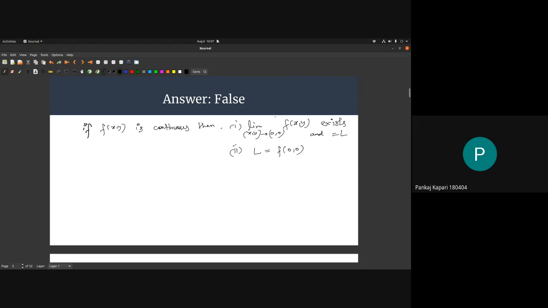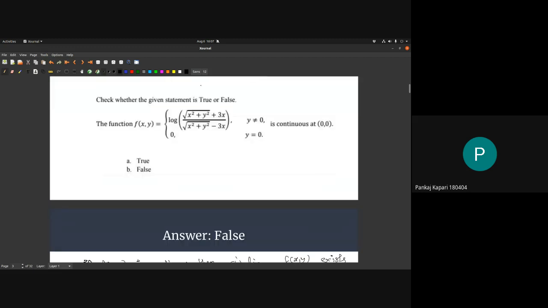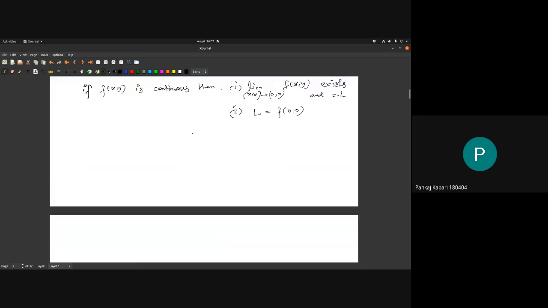So for the given function, you can see it here, we will show that the limit does not exist. Now for a function of one variable, we know that if the function has a limit, then the limiting value from the left hand side and right hand side must be the same. Why? Because it's a function of one variable.